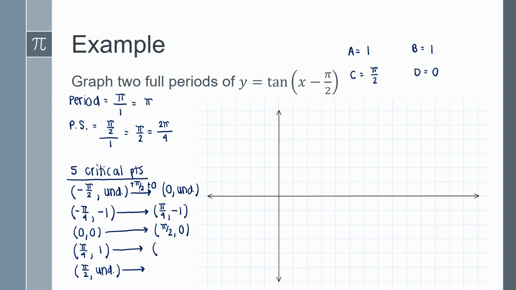Once again, think of pi over 2 as 2 pi over 4. If I add on a pi over 4, it gives me 3 pi over 4. Keeps that value at 1. And then pi over 2 plus pi over 2 would be pi, and we're still undefined. So those ordered pairs that I just showed you here are the points that we really want to plot.